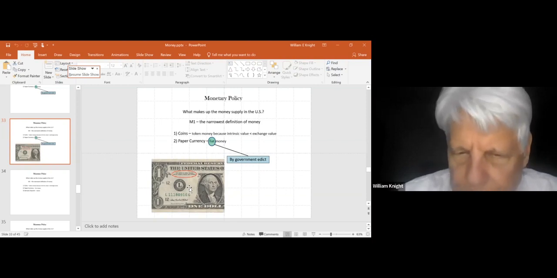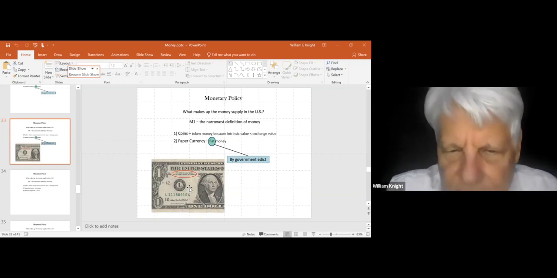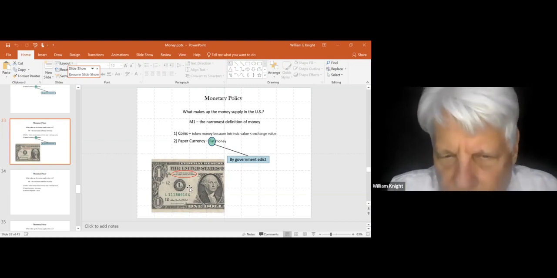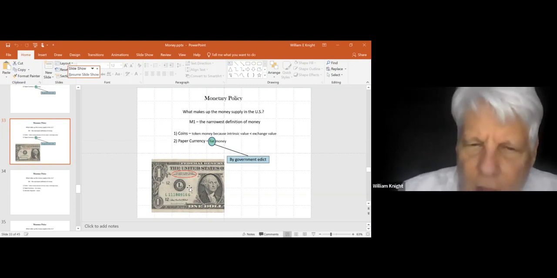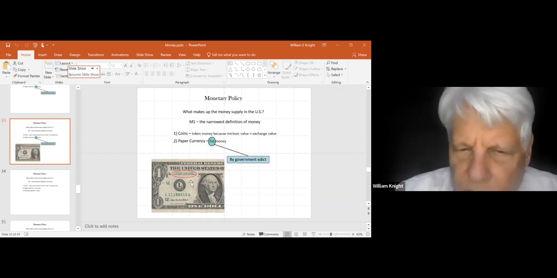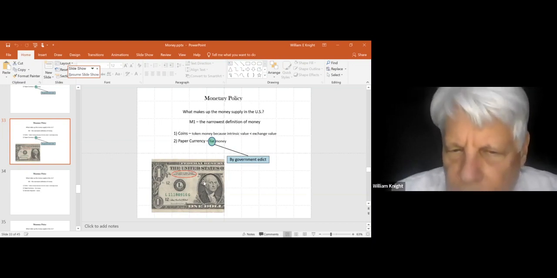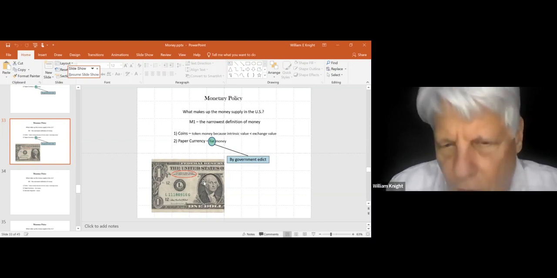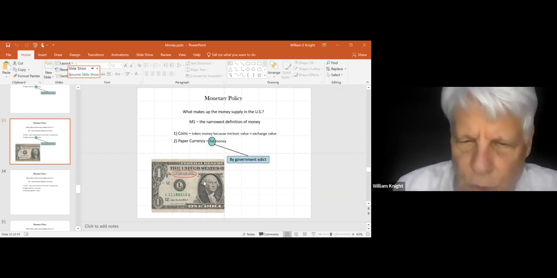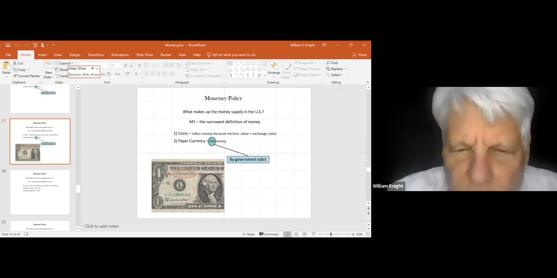Now, what does that mean? That means this. If you charge me $1 for a widget, and I offer you this $1 bill, which is legal tender, if I tender this to you, which means offer it to you, you must accept it.